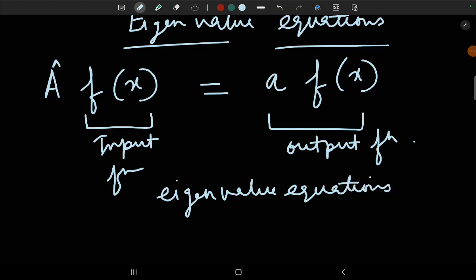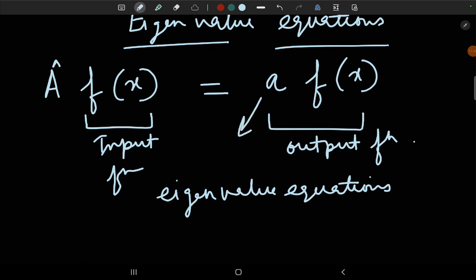And why are they called eigenvalue equations? Because the operator has operated on the function to give us the same function multiplied with some constant a, and the only thing that has changed in the output is this a.